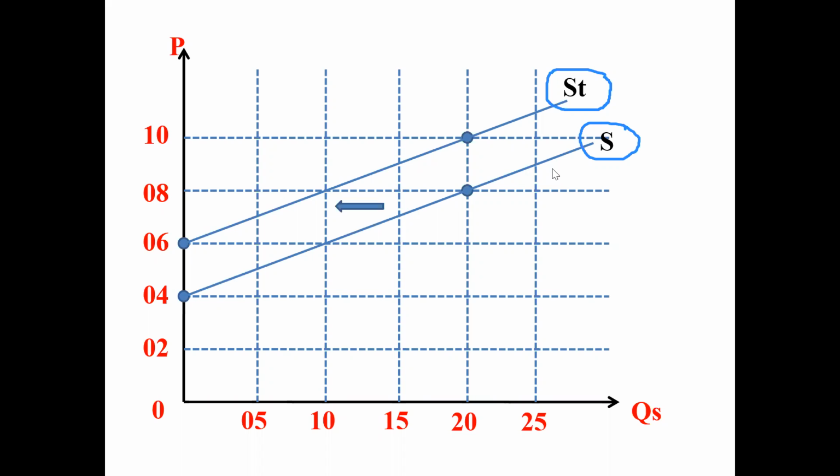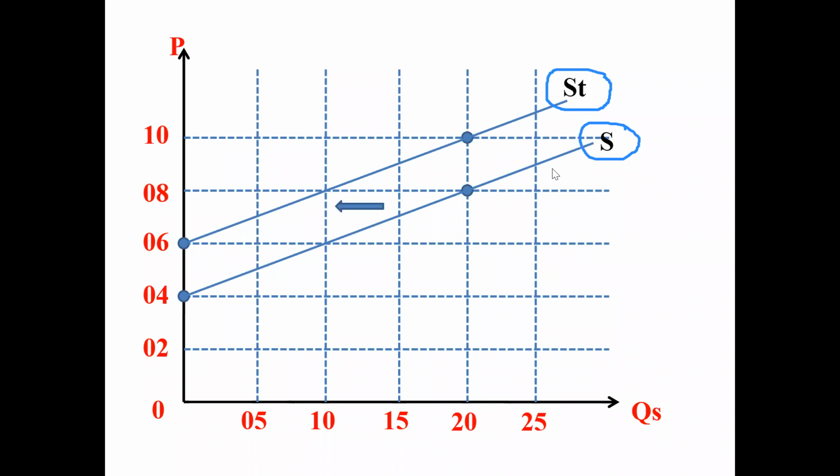Coefficient? Which coefficient? There are two coefficients. When you take curves, there are two things: intercept and slope. The intercept has been changed, the slope has not been changed. That's why the two curves are parallel to each other. The slope is constant.